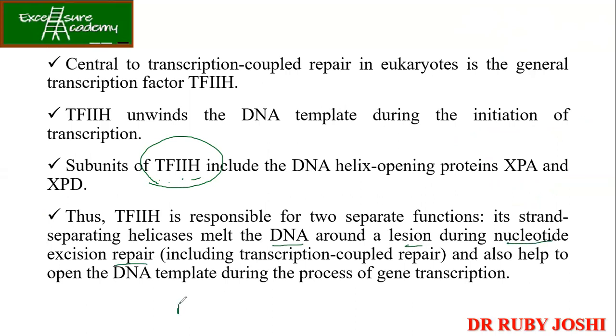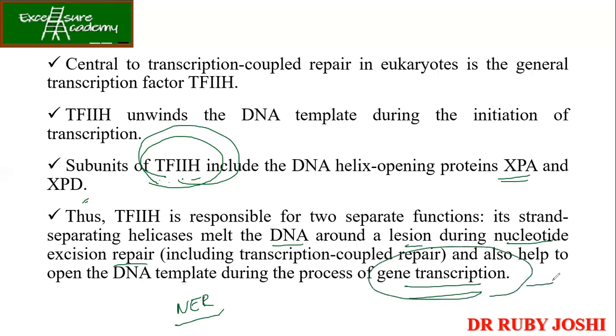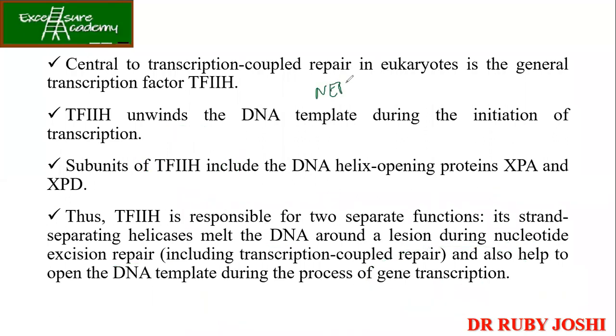So what we studied, the strand separation that NER does with the help of XPB and XPD, along with XPB and D, TF2H is also helping. Plus, it is also required during gene transcription. The gene transcription that we will do in further lectures, we will talk about TF2H. Right now, what you have to remember is that along with your NER proteins in eukaryotes, we have discussed XPA, C, D. Along with this, you also have transcription factor 2H. Is that clear? Yes. Okay.